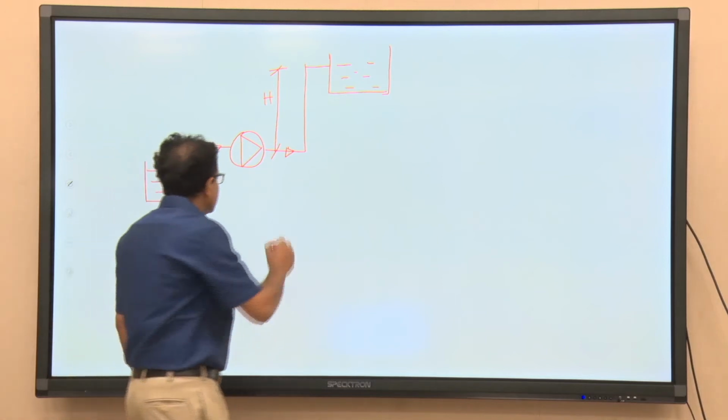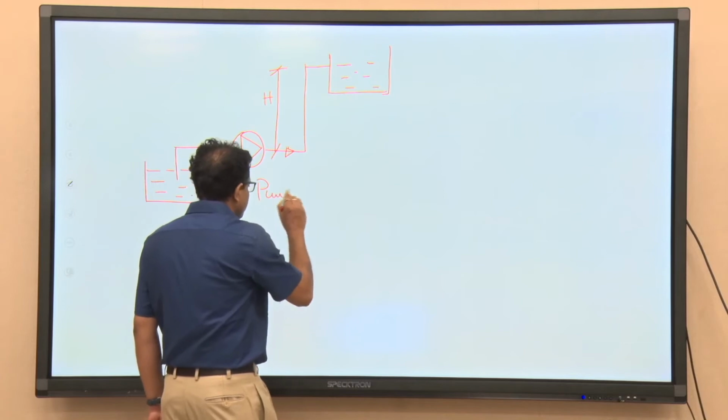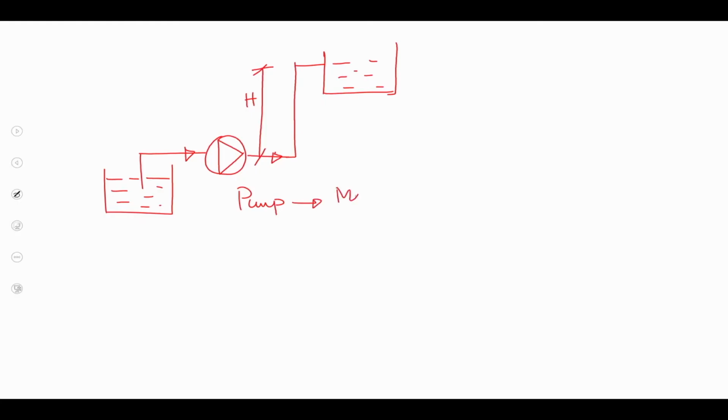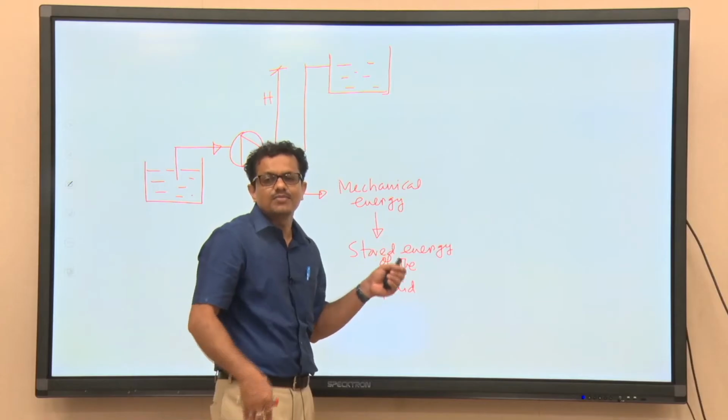So, in this case, if I write, this is pump, mechanical energy is converted into the stored energy of the fluid. We have discussed many times that the stored energy is either in the form of pressure or velocity, or it may be a combination of these two.